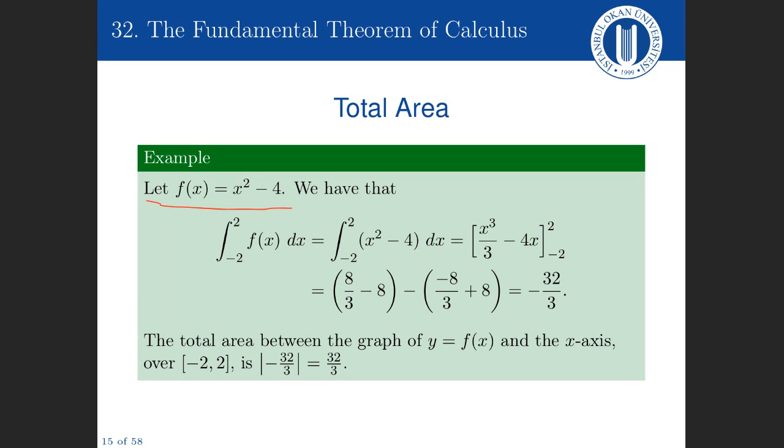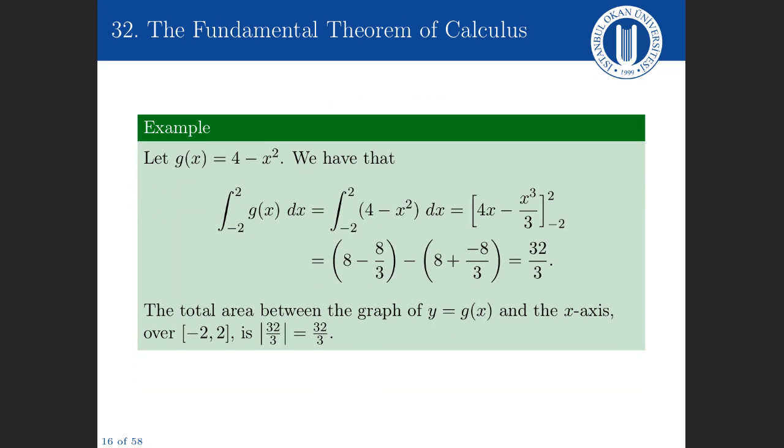And I'm interested in this between minus 2 and 2. We can calculate the integral of this function between minus 2 and 2. You can check that we get minus 32 over 3. If we say that all area is positive area, if we make minus 32 over 3 a positive number, we get the total area is 32 over 3.